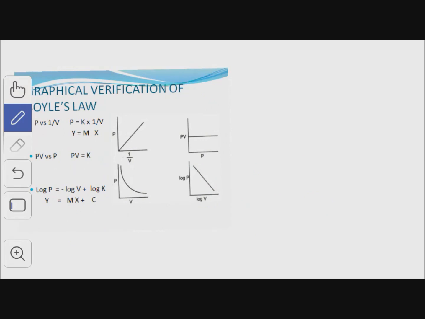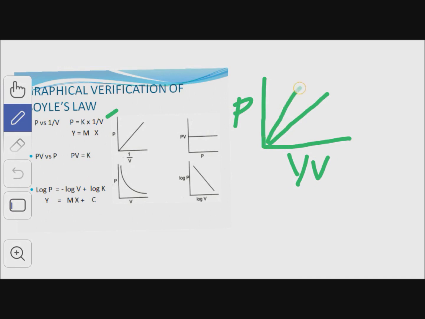If we plot a graph at three different temperatures according to equation 1, P along the y-axis and 1 by V along the x-axis, here we plot three graphs at three different temperatures, T1, T2, T3.